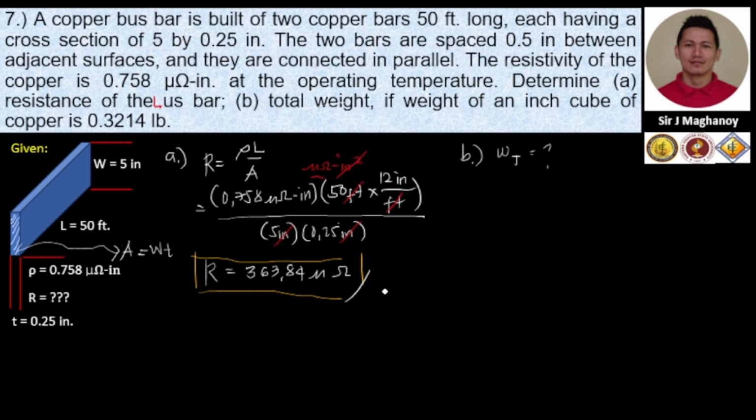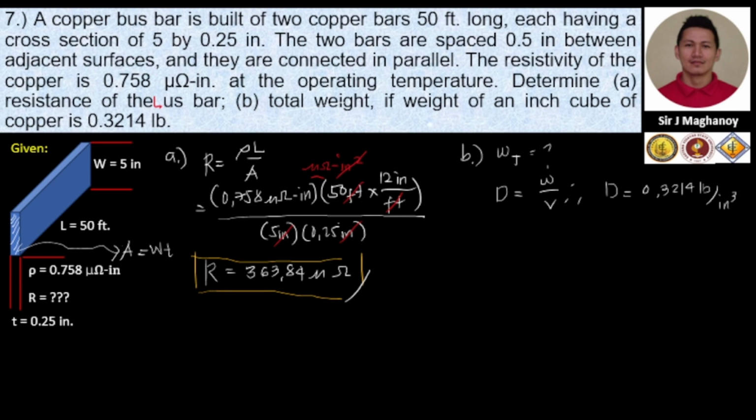Okay, if we recall the formula for our weight density, our weight density is equal to weight over the volume. Our weight density is already given. Our D is already given, that is equal to 0.3214 pounds per cubic inch.